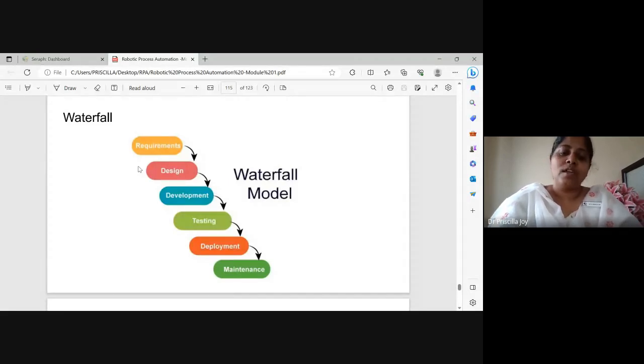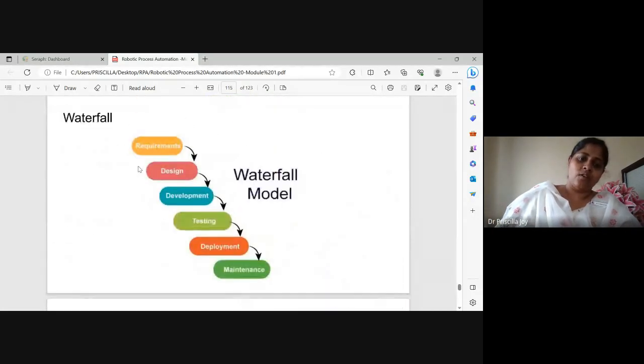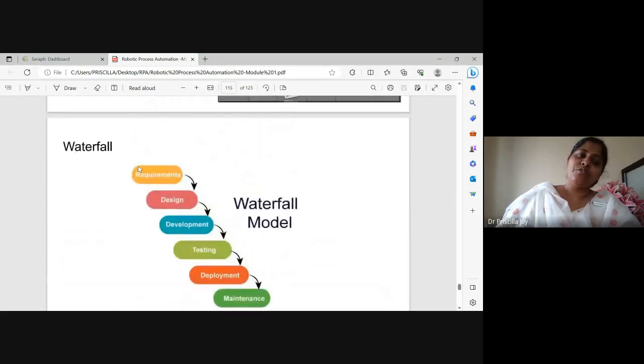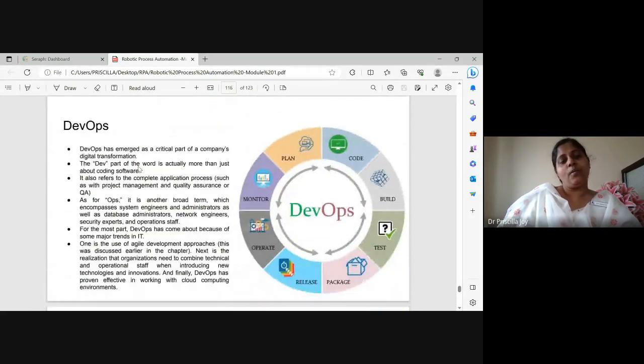So after that, we'll be deploying it on the other side, and we'll be doing the maintenance accordingly. So these are all about the software engineering processes which we'll be sticking to for making the products.